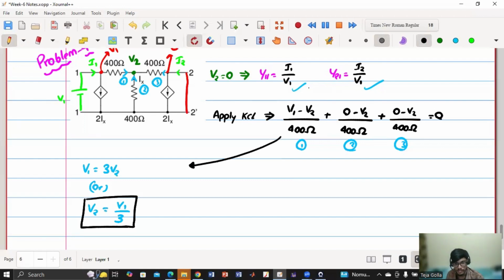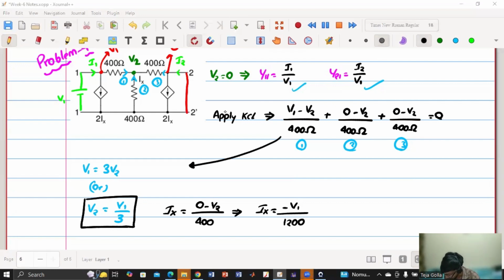Yeah. So now what will be the value of Ix? Ix is also unknown, so I will calculate Ix also. Ix is 0 minus V2 by 400, so Ix is nothing but minus V1 by 1200, since V2 is V1 by 3.